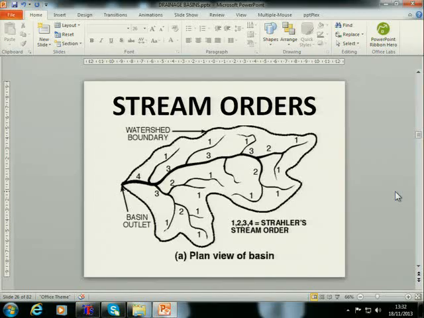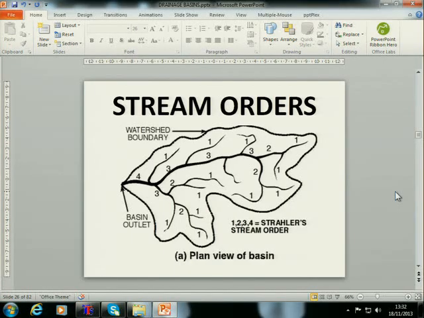They can also ask you questions about drought and heavy rainfall or floods on a stream order chart like this. Okay, questions deriving from drought. This is also one that was in the last exam. What will happen to the order 1 streams in a dry season?